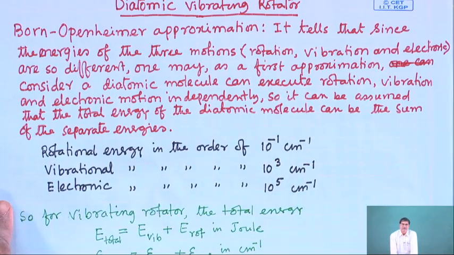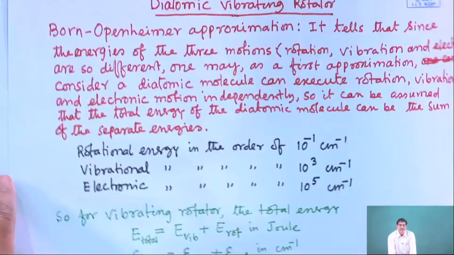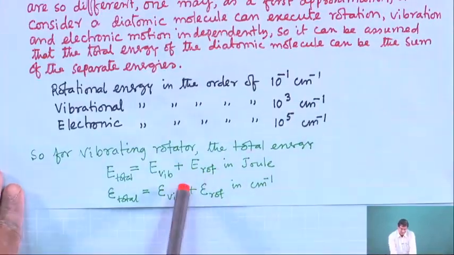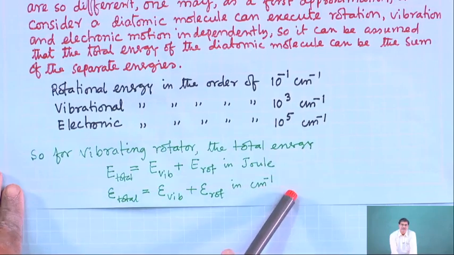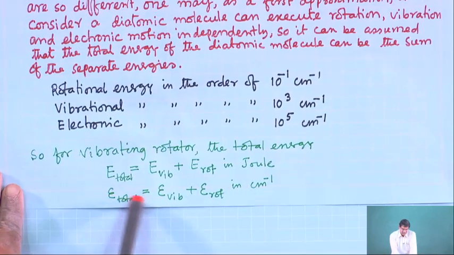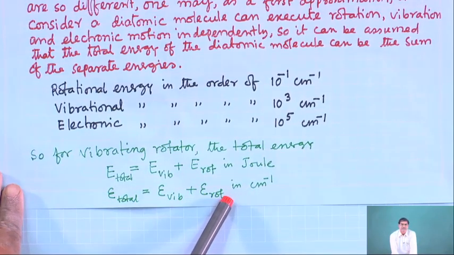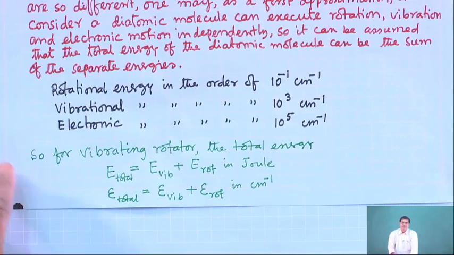That is why, as per the Born-Oppenheimer approximation, the total energy can be considered E total equal to E vibration plus E rotation, in joule, or in centimeter inverse in wave number. Now life is easy.